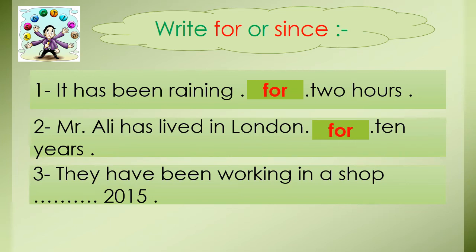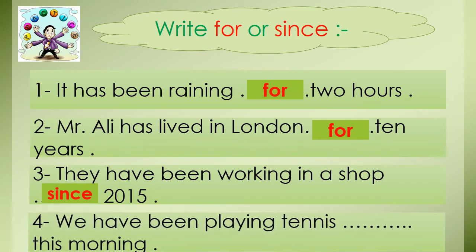So we use for or since. Excellent. Since. Number 4. We have been playing tennis this morning. Look at this morning. For or since? Great, since this morning.